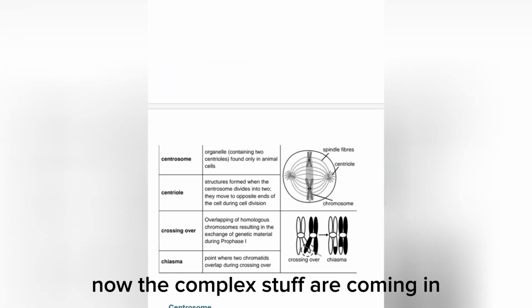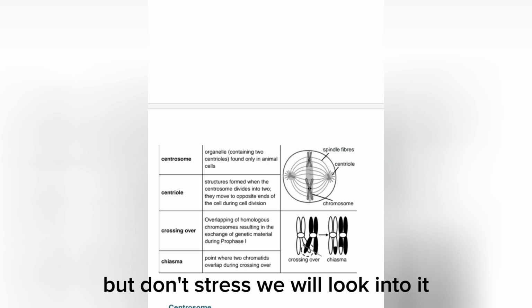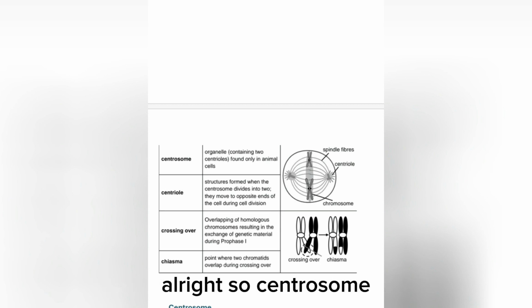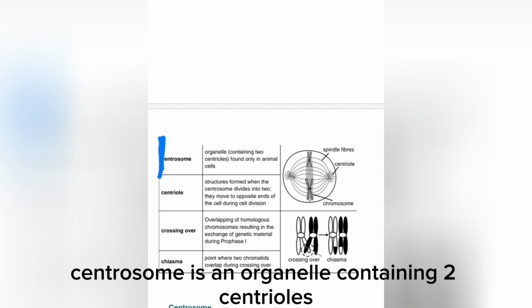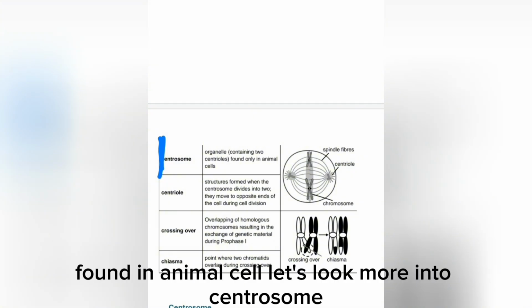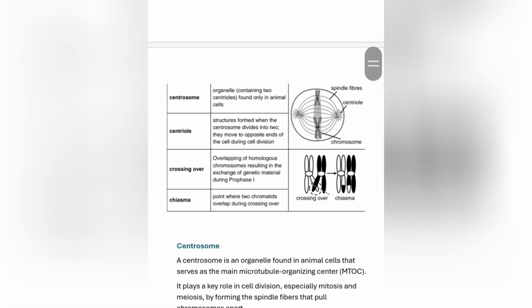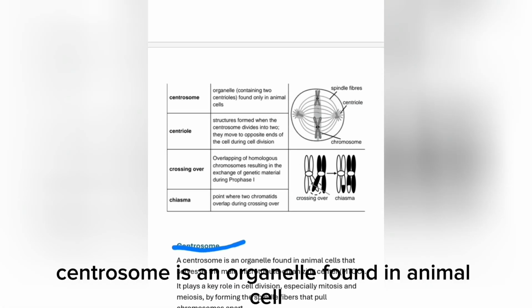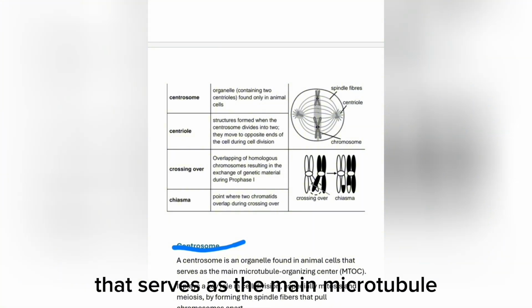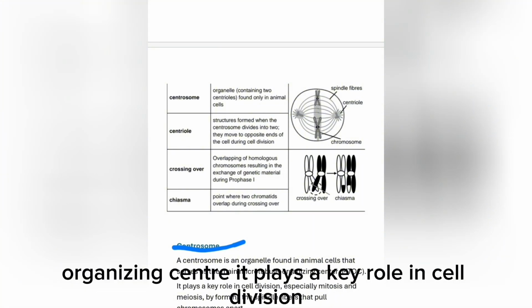Moving on. So now the complex stuff is coming in. But don't stress, we will look into it. Alright, so centrosome. A centrosome is an organelle containing 2 centrioles found in animal cells. Let's look more into centrosome because we like to ask about centrosome a bit. So the centrosome is an organelle found in animal cells that serves as the main microtubule organizing center.